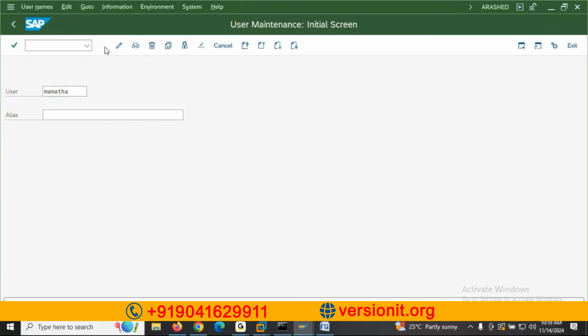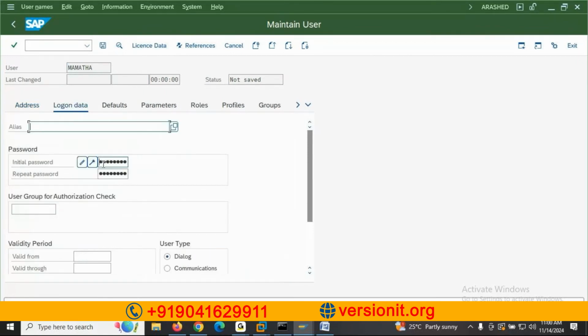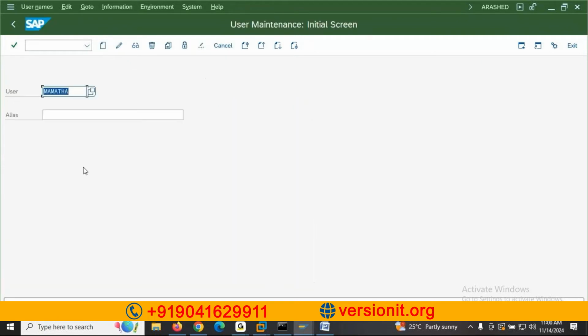It's all drag and drop. I can give her credentials, last name Mamta, and an initial password. Mamta is an admin, so I give her all the rights, press enter, and then click Save. The user is created. So the work is very simple like this.